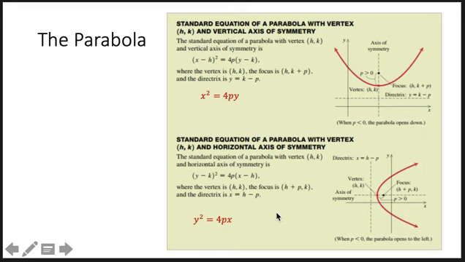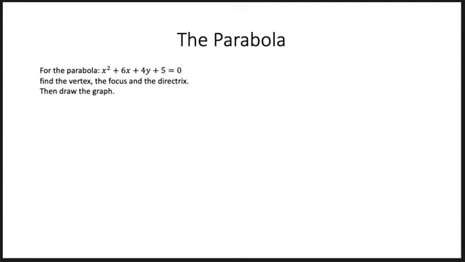Okay, so here we go. Let's look at an example. For the parabola x squared plus 6x plus 4y plus 5 equals 0, we're asked to find the vertex, the focus, and the directrix, and then draw the graph. This equation doesn't look anything like what we had on the previous screen.